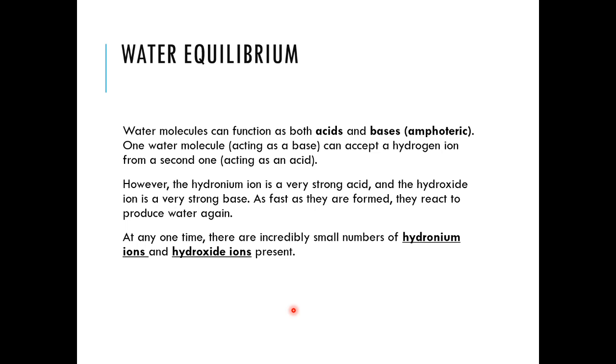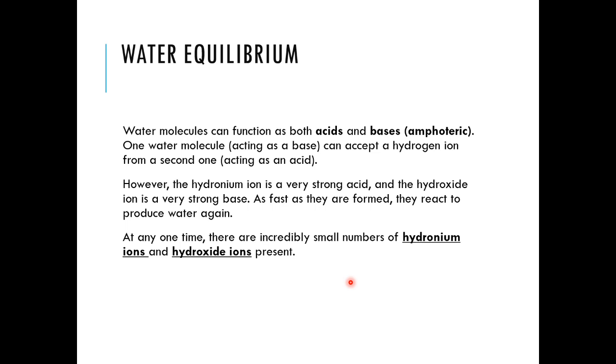So what this means is that at any one time, in any sample of water, not only do you have H2O, but you also have H3O plus and OH negative. So at any one time, water is not only considered neutral, but it also has aspects of an acid and aspects of a base. At all times, water can be called an acid and a base.